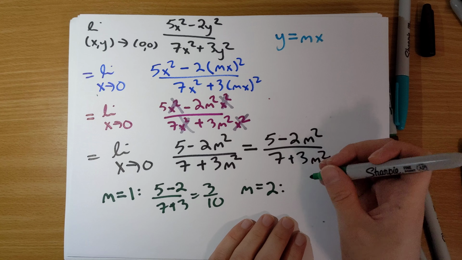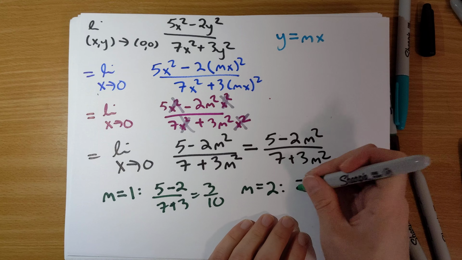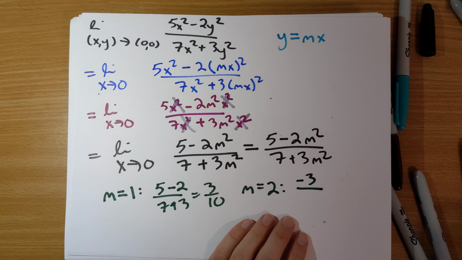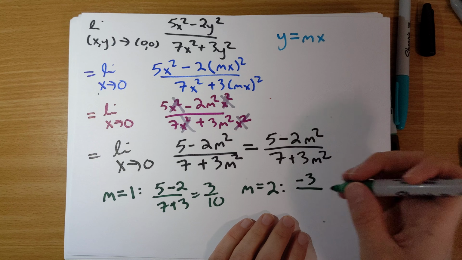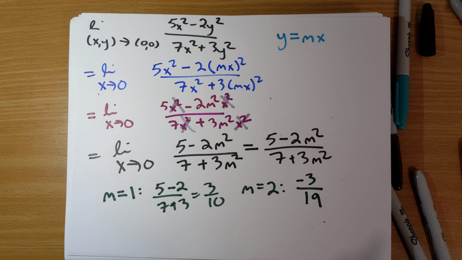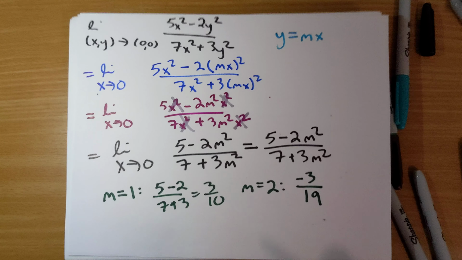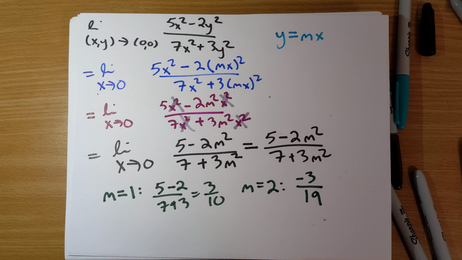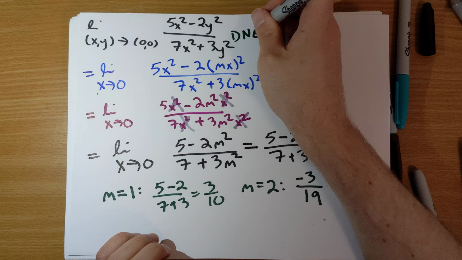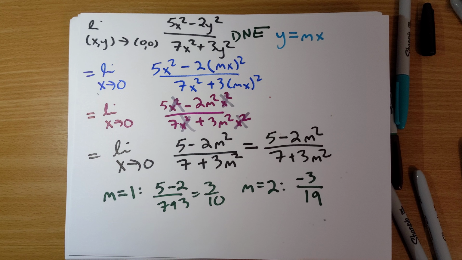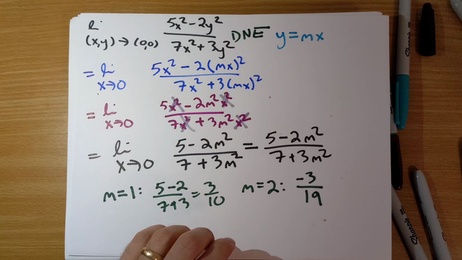We would get, looks like, negative 3 over 7 plus 12, which is 19. These are not equal to each other, so the limit does not exist. Okay, so that is what is going on in problem 23.